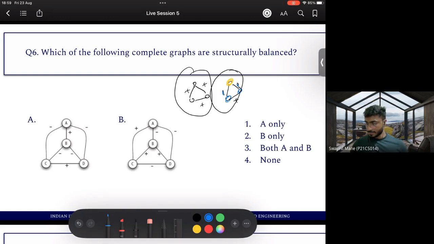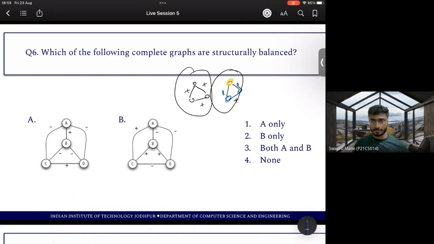Okay, let's analyze. Let's go in reverse. Option B, Manish. Let's see whether option B is structurally balanced. Stable and structurally balanced are a similar kind.